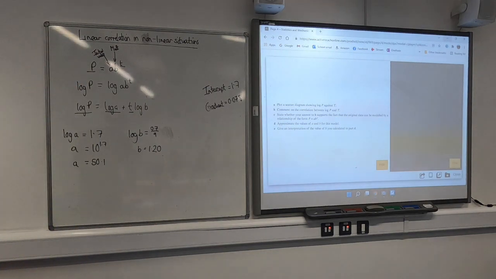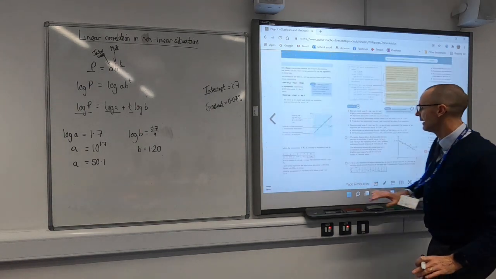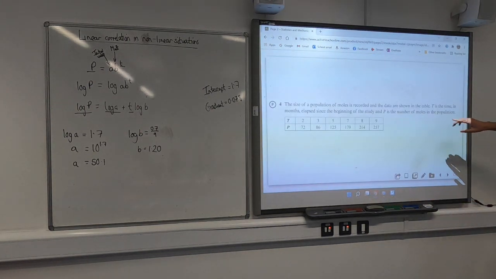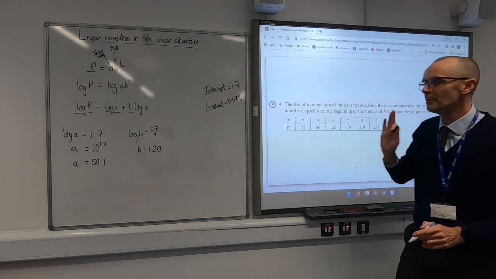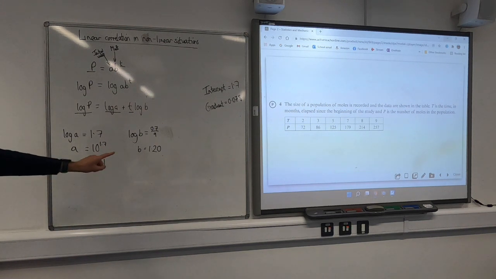That's the multiplier. Every, what were the units? I've forgotten. Every month, so every month the number of moles gets multiplied by 1.2. We started with 50 moles, and then they get multiplied by 1.2 every month. We've modelled this situation.